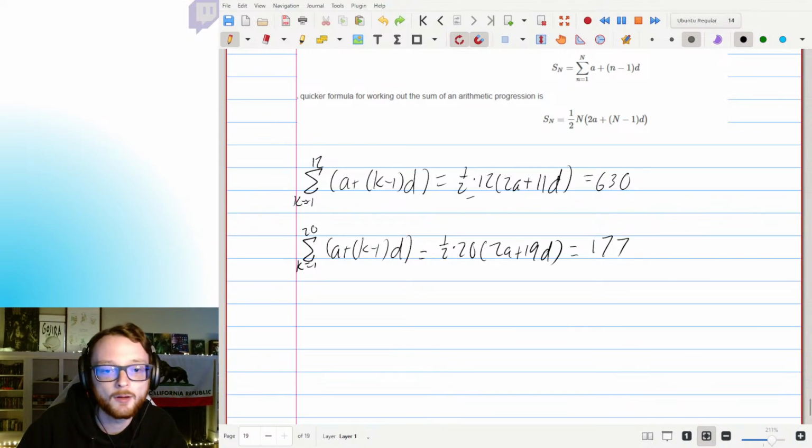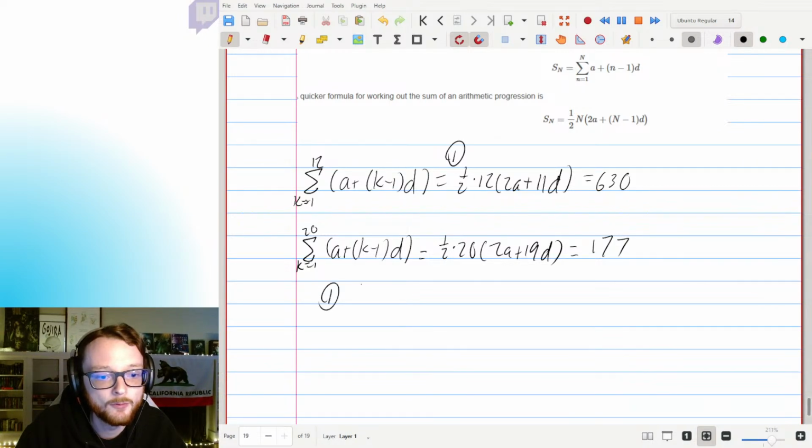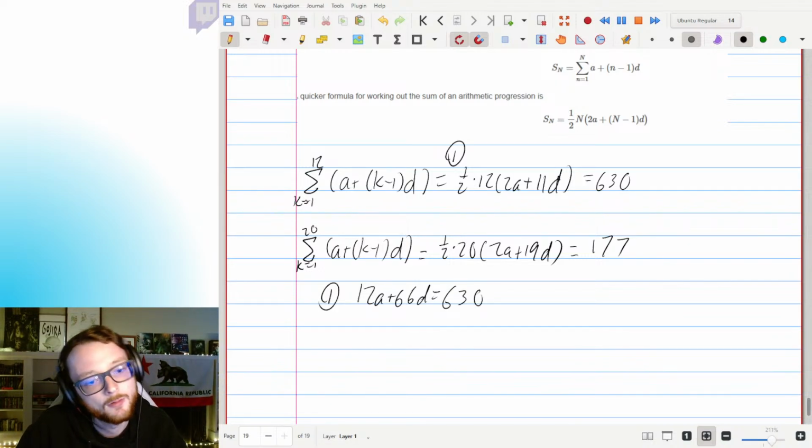So 1/2 times 12 is 6, and that 6 will get distributed to each of these. If I name that equation 1, it becomes 12a plus 66d is 630. Let's keep working on this. Can we divide out a 3?